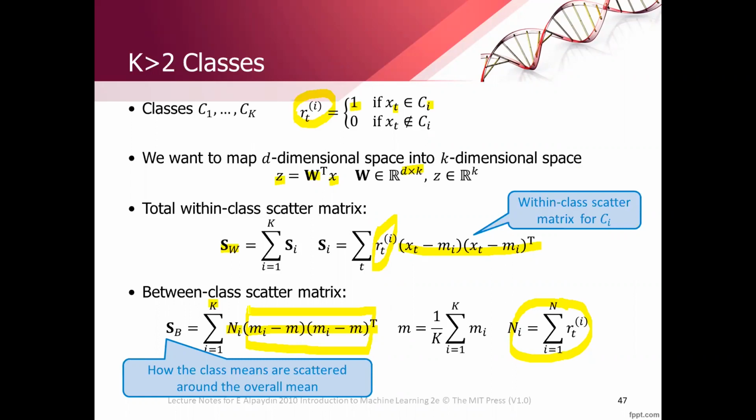So this N sub i is weighting the contribution of the variance from different classes, and the bigger classes have higher weight.